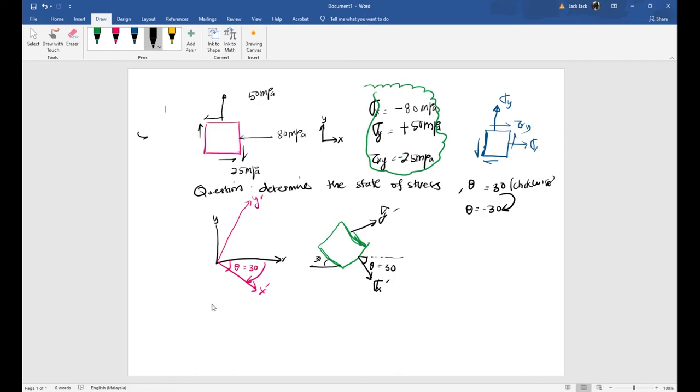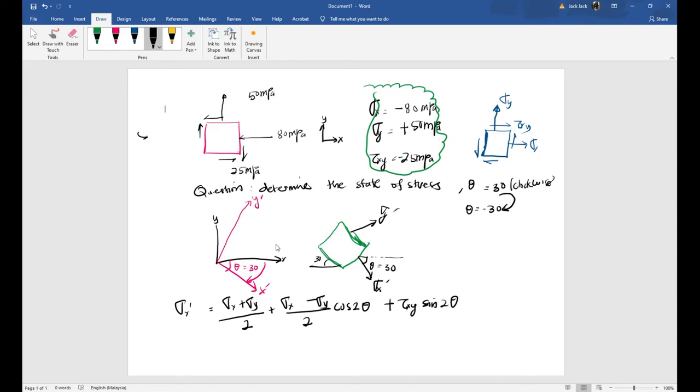Recall our favorite equation: sigma x prime is equal to sigma x plus sigma y divided by 2, plus sigma x minus sigma y divided by 2 cosine 2 theta, plus tau xy sine 2 theta.